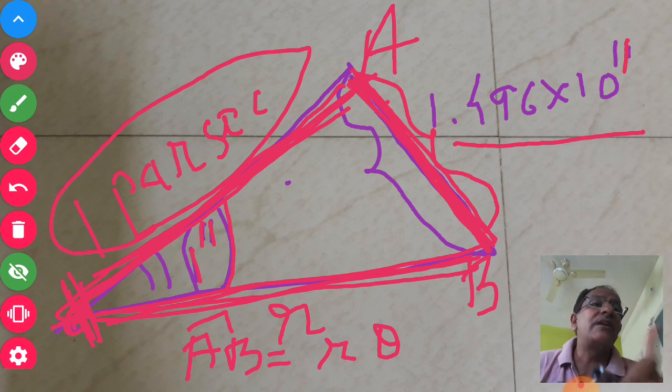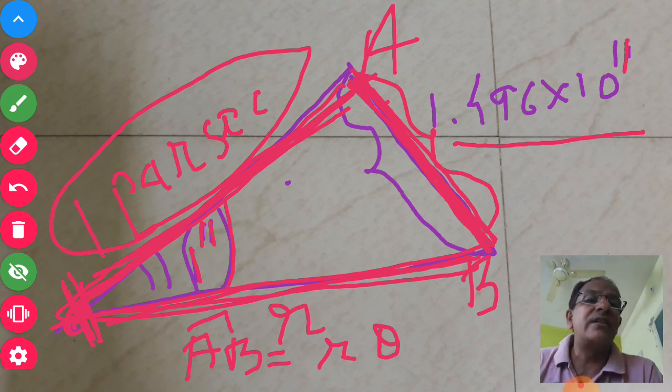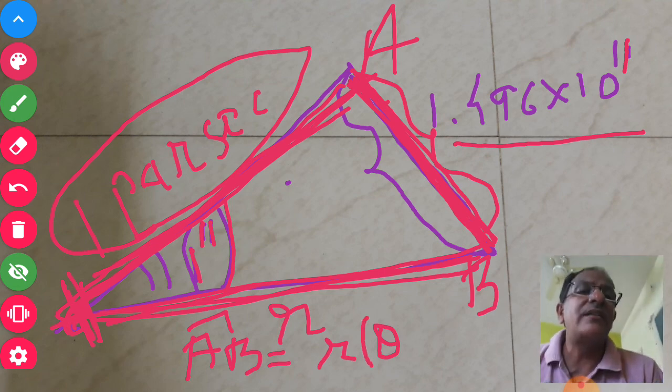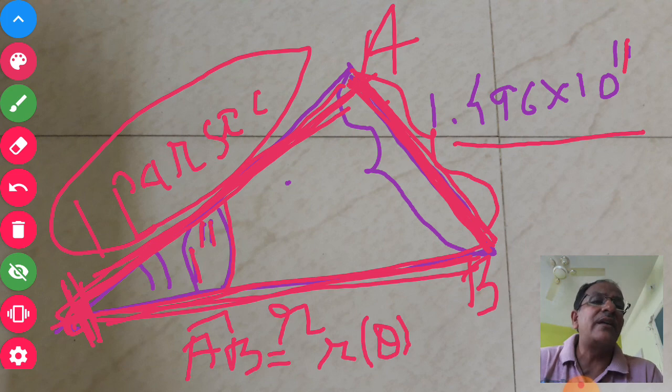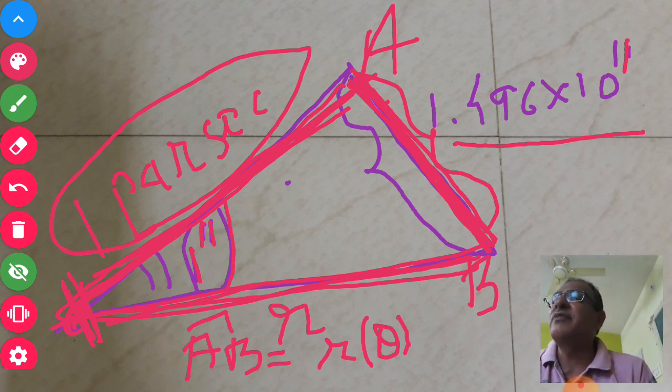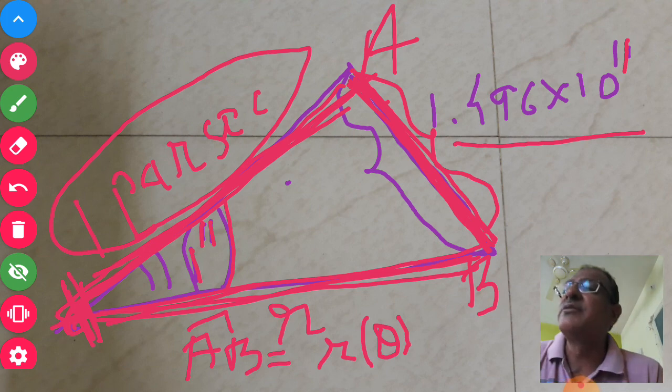Theta has to be in radian, so 1 second angle has to be converted into radian. So 1.496 into 10 raised to 11 divided by theta. Theta is 1 second, which has to be multiplied by 4.85 into 10 raised to minus 6 to convert it into radian. If you simplify, you will get 3.08 into 10 raised to 16 meters.